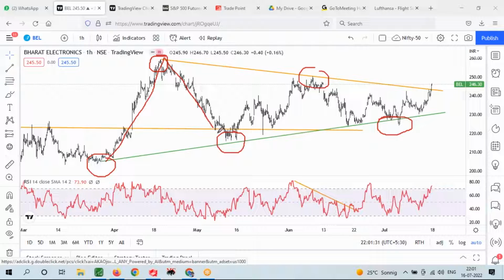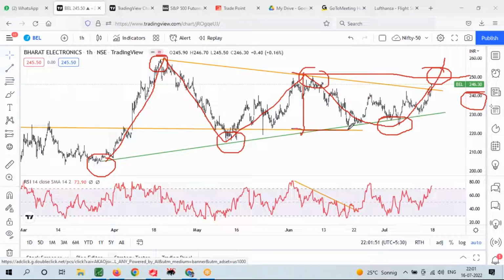Then we'll have confirmation of this triangle. So you have this triangle, and the confirmation will be made even on the daily chart. So this will be the late signal. The early one would have been 240. If you take the middle leg, 220 to 250, that is 30 rupees.